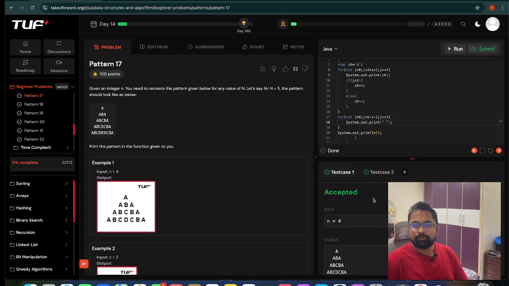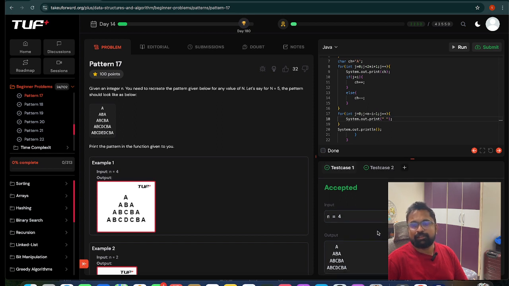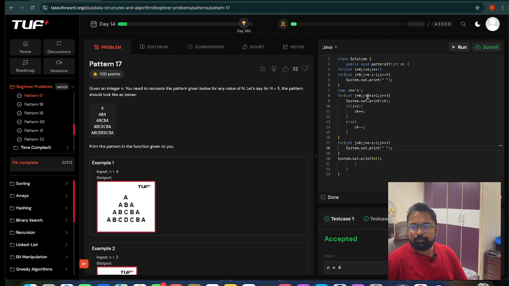Yeah, it is accepted. Talking about the time complexity, we are running a nested for loop, so it's O of n square, and the space complexity is O of 1 because we are not using any extra space.